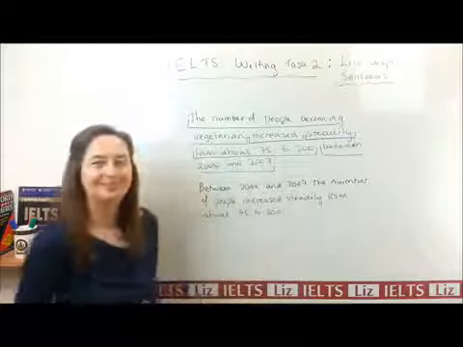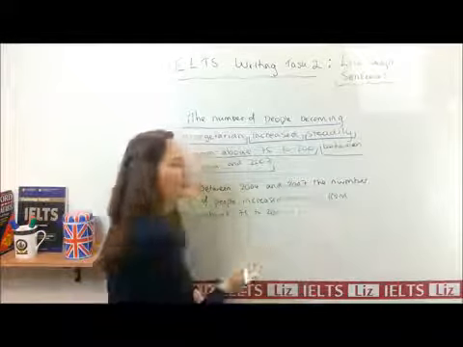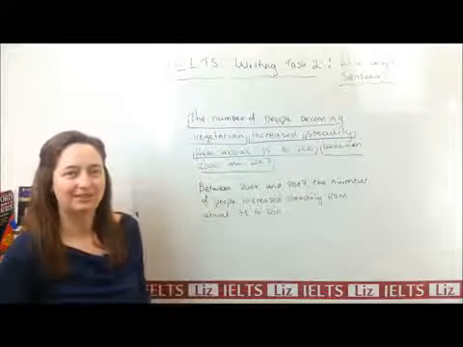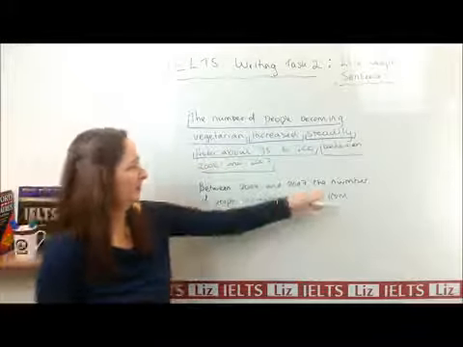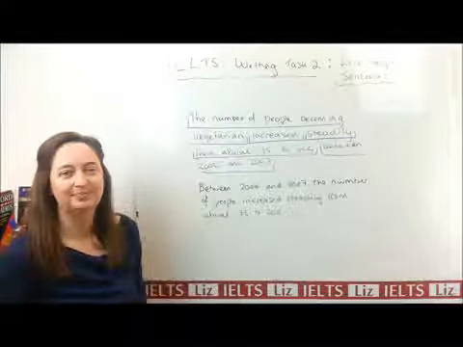I'll stop there. Often when we put the date first, we have a comma after that. And then we have the number of people. So that's one way to change it.